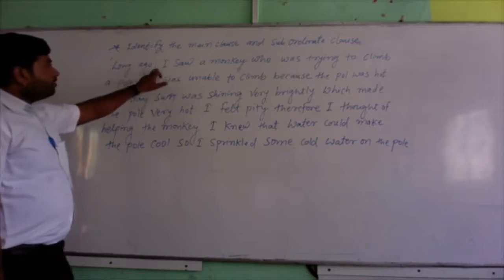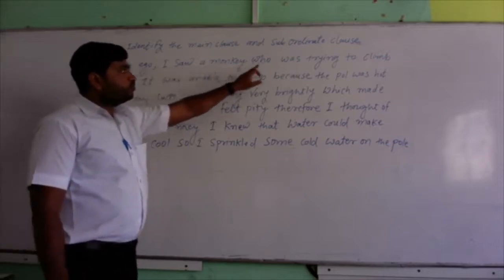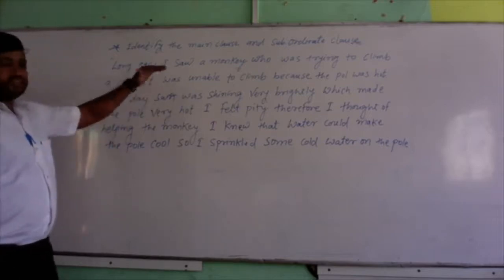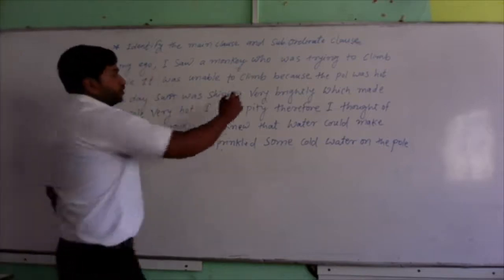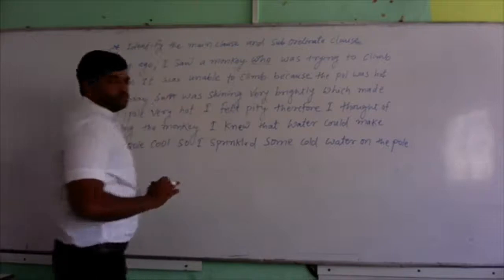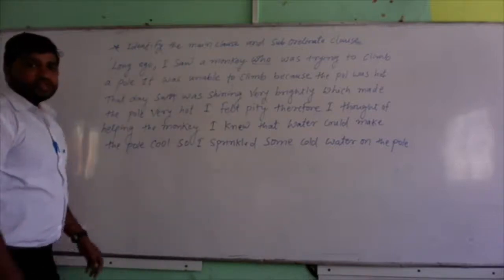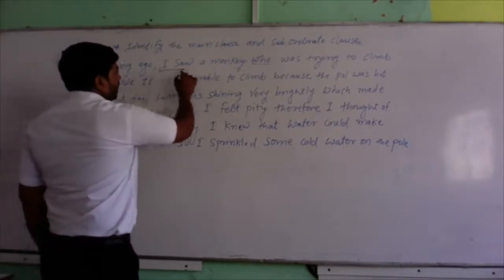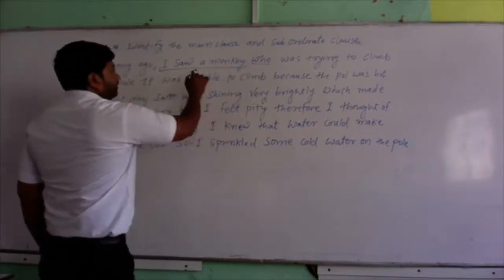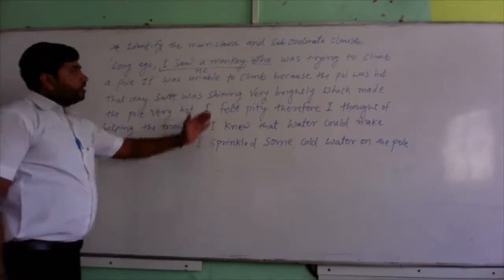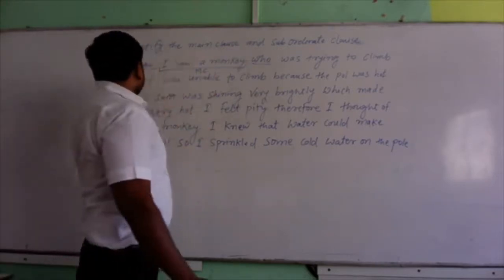So long ago, I saw a monkey who was trying to climb a pole. Okay. In this sentence, who is the connector. Okay. So it's a complex sentence. So I saw a monkey. This part is a main clause because it completes its meaning. Okay. Who was trying to climb a pole?